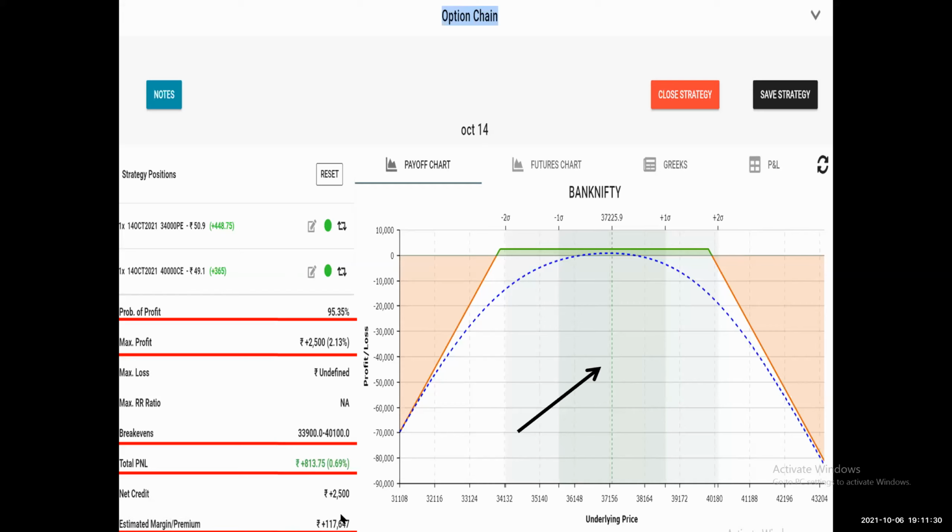The total capital deployed was 1,17,647. Whatever I'm going to show you today, when I take you onto Opstra, is how I adjusted this position, how the profit has increased, and still my 100 points are intact. The central line which we see, at 37,225, is the spot price of the underlying Bank Nifty.